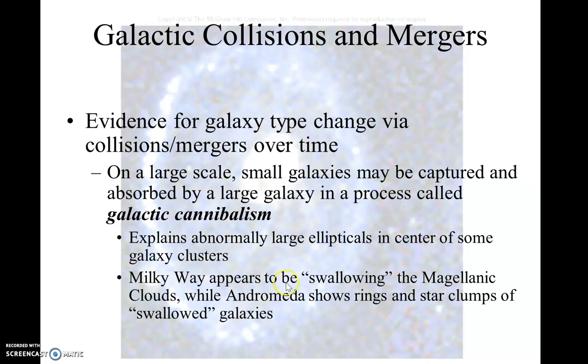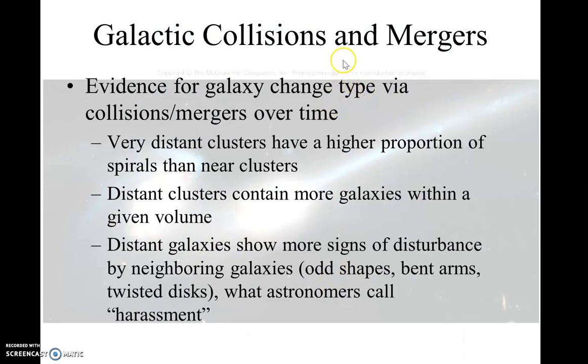Just take the Milky Way and the Andromeda Galaxy. We see evidence that there's been galactic cannibalism and ongoing galactic cannibalism right now. All right, so let's see, evidence: very distant clusters have higher proportions of spiral galaxies.